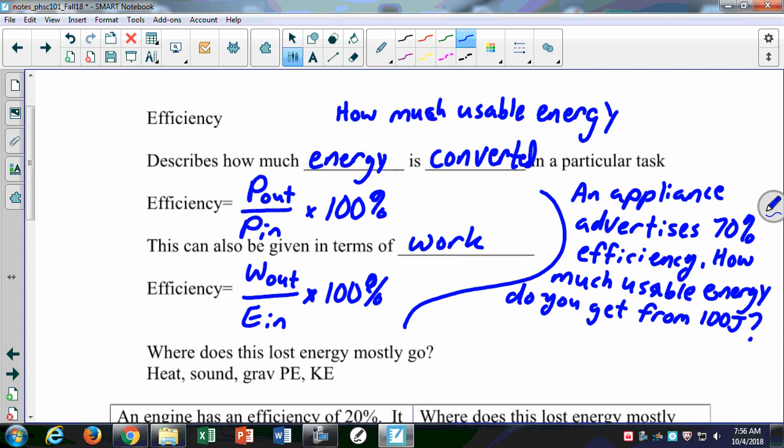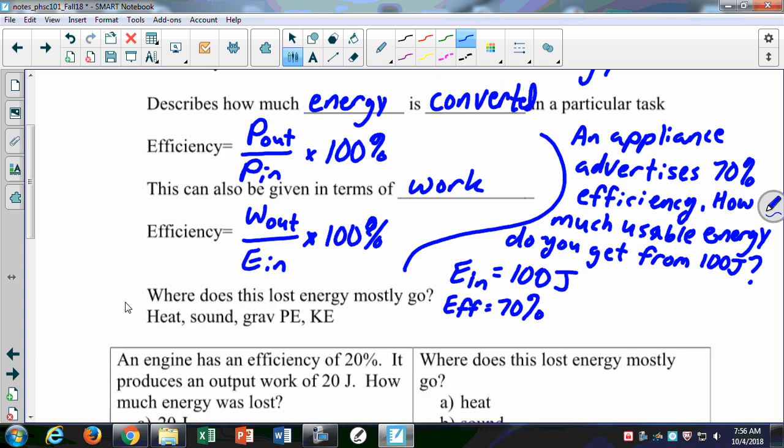All right, so our energy in is equal to 100 joules. I have an efficiency of 70%. So 70% equals my work out divided by the energy in, which is 100, times 100 because it's a percentage. I can just cancel these two, and I get my work out is 70 joules, the output work that I get.